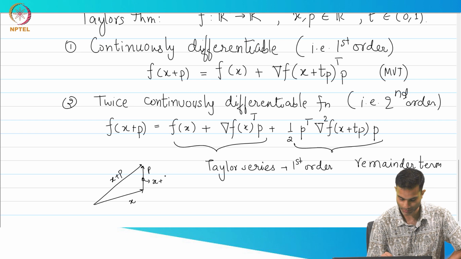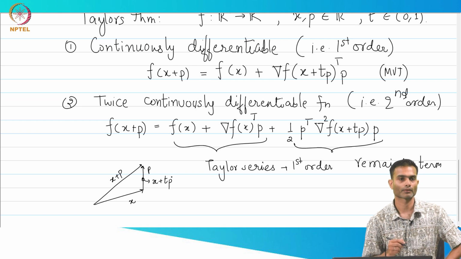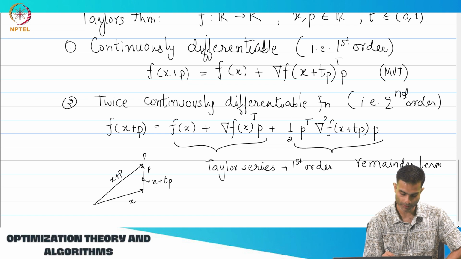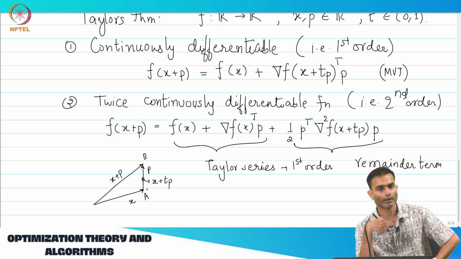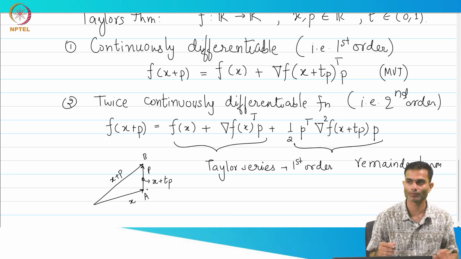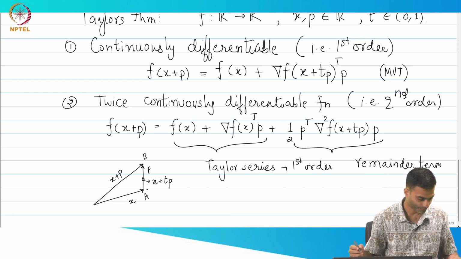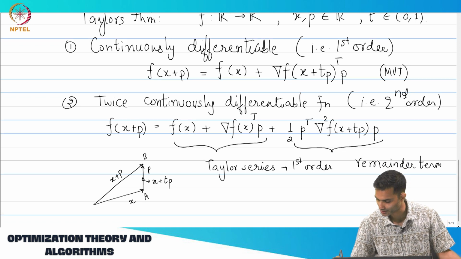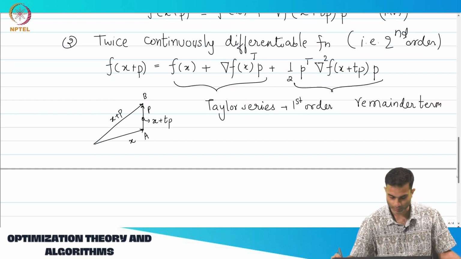This is my x plus t into p. So the function value at this point b, starting from the function value at this point a, and some derivatives along the way. That's how you can interpret this. This is just information at this point, there's nothing that we have derived.